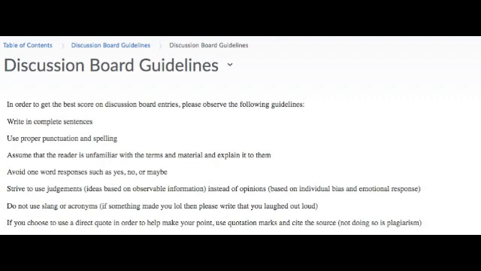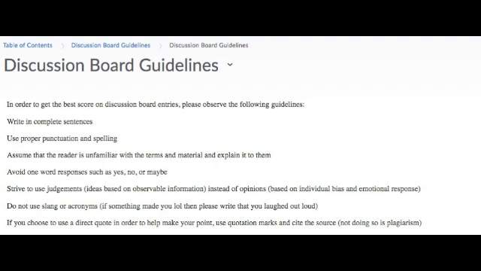On D2L you'll find these discussion board guidelines under content. They're just some stuff to help you have the best score on your discussion board. They include things like writing complete sentences and trying to use proper punctuation and spelling, so people know what you're talking about and can understand you.